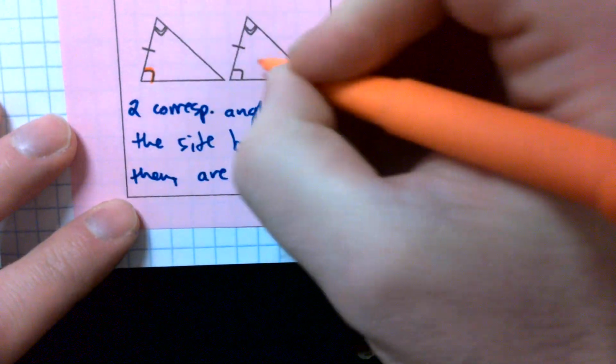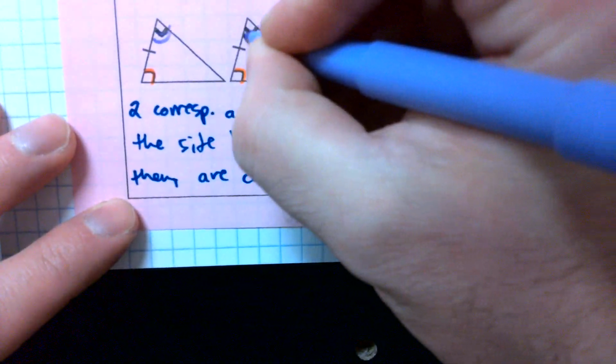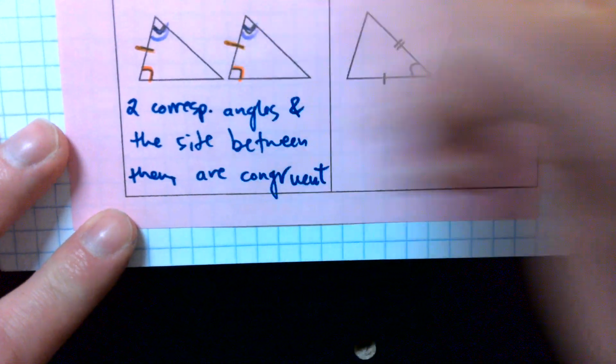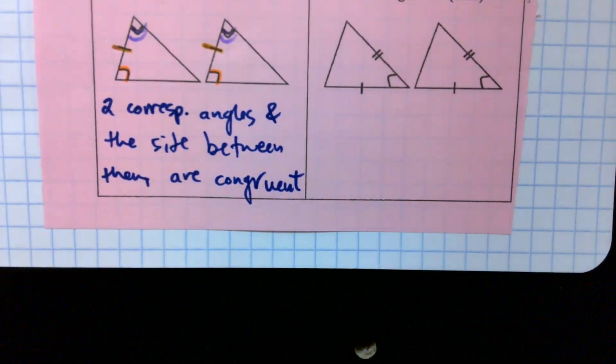So I've got this bottom left angle down here. I've got this top angle up top. And I've got the one and only side that's in between those two angles.